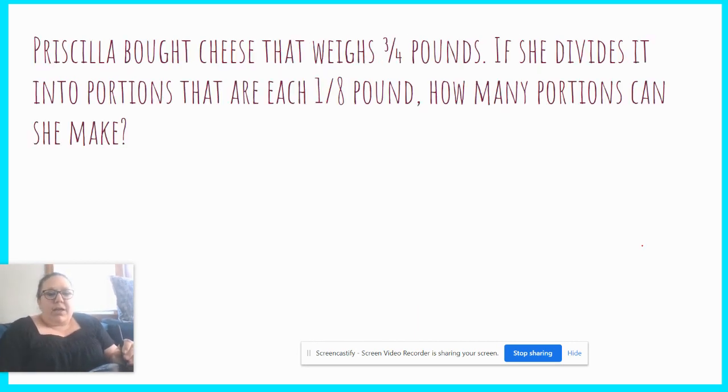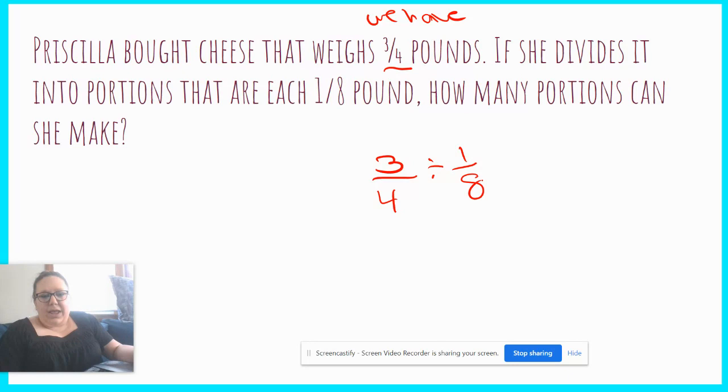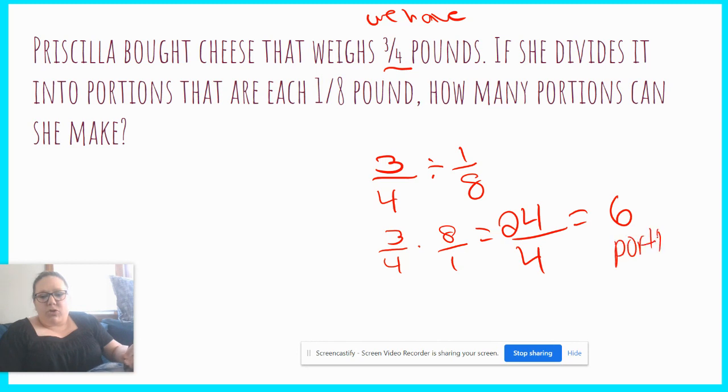The store-bought cheese weighs 3/4 of a pound, and she divides it into portions that are each 1/8 of a pound. How many portions did she make? So what we have is the cheese in front of us. That goes first. And then we're splitting it into 1/8 groups. 3 over 4 times 8 over 1. 3 times 8 is 24. 4 times 1 is 4. 24 over 4 is 6 portions.